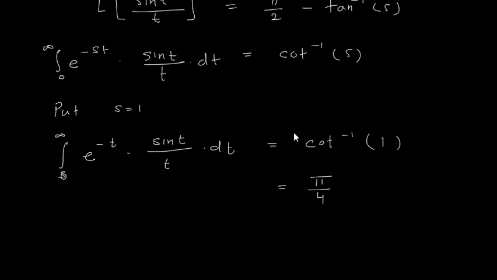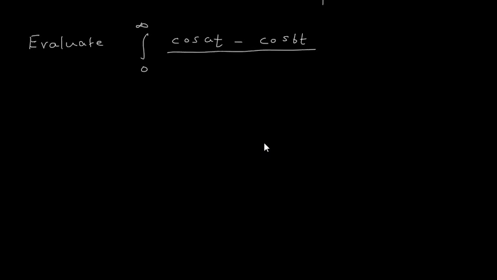Now let us take another problem. Evaluate the integral from 0 to infinity of (cos at minus cos bt) divided by t dt.